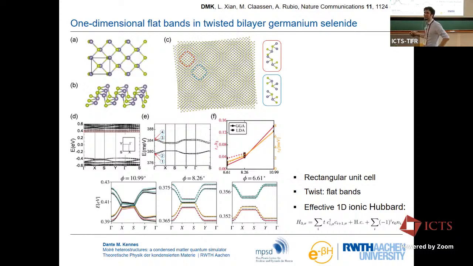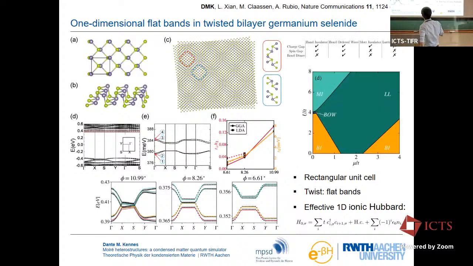So it's not insanely far away, but it's not that they are separated off by a huge margin. So it's a bit like in the transition metal dichalcogenides, right?